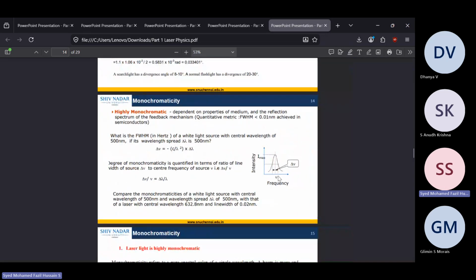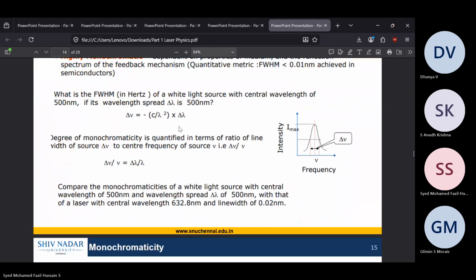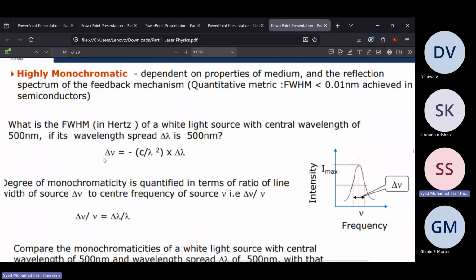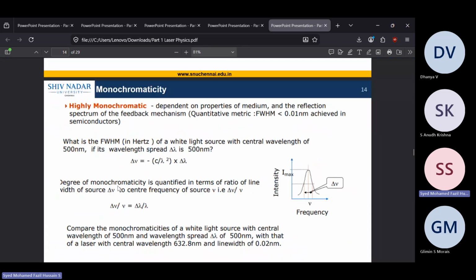Therefore, the monochromaticity is higher. Just one type of color is emitted out of this laser. And this formula is about the deviation in frequency, which will also be very small.